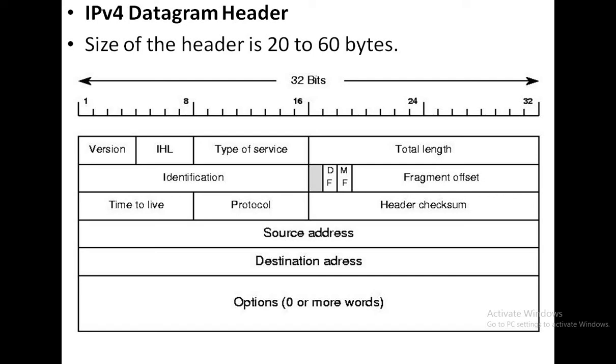That means when this datagram moves from node to node, its value has to be decremented by each visited router, and if the value comes to 0, then the datagram is discarded from the network.